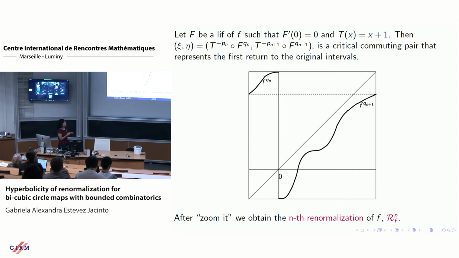So as I said, the union of the images of the blue and black interval, this one corresponding to the blue and this one to the black, will cover the circle. So if you have another critical point, there will be a pre-image of the other critical point inside the blue or the black. Here, this point represents exactly the other pre-image. Okay, so this is the renormalization.